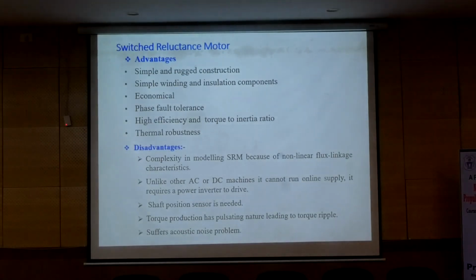So the advantages of this motor can be listed like this. It has a simple and rugged construction, with simple winding and insulation. It is also more economical, as I mentioned, because it doesn't have any brushes or commutators.